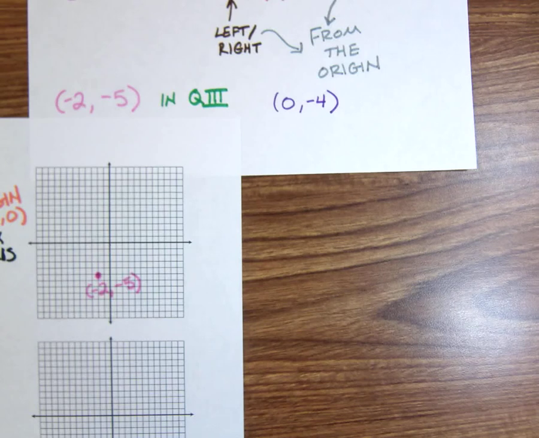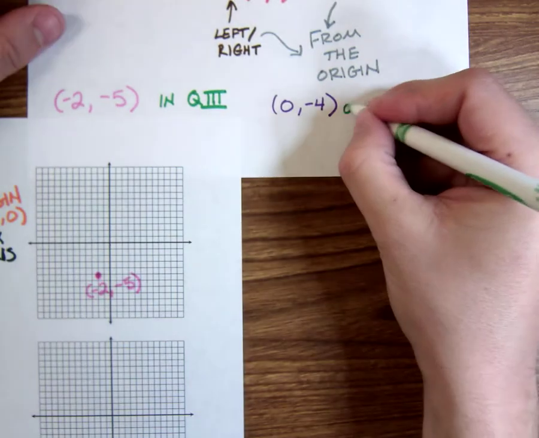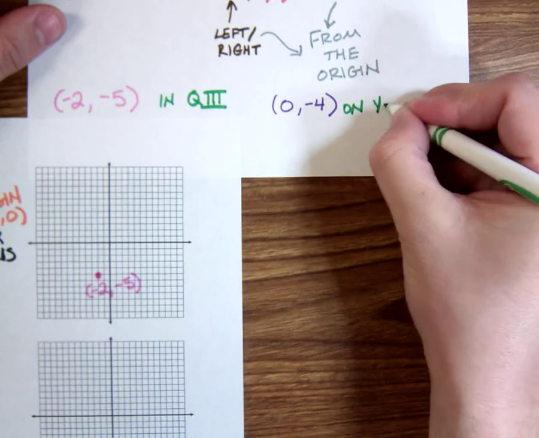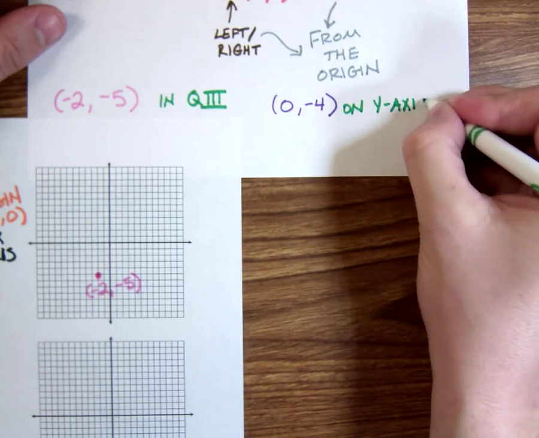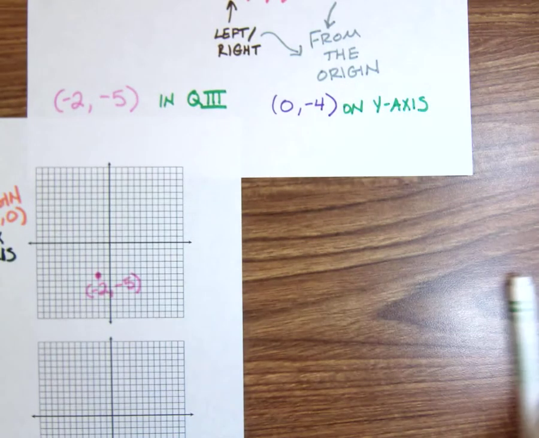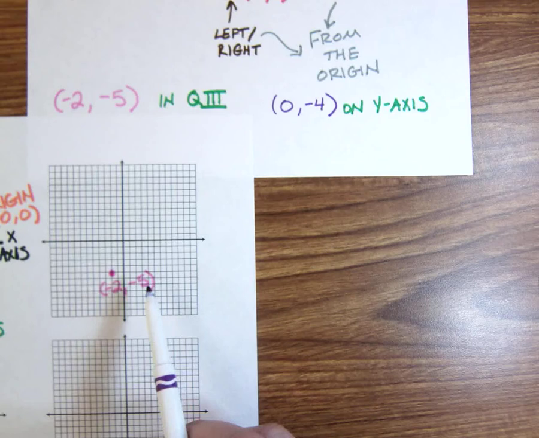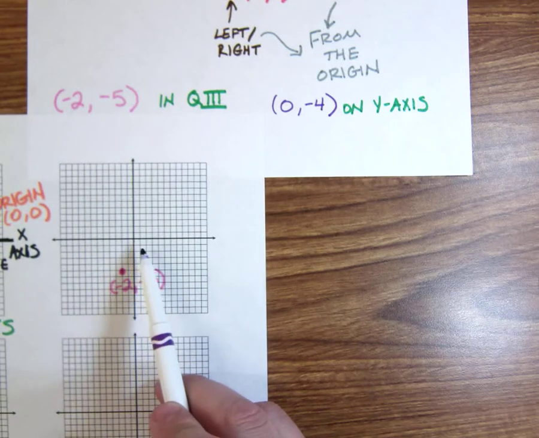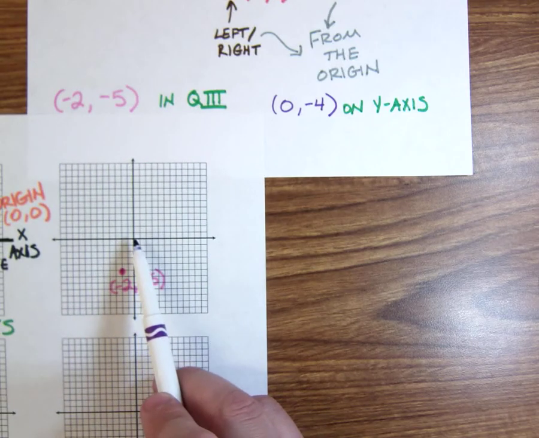No. 0 is not a positive or a negative number. So 0, -4 is not in any quadrant. 0, -4 is on the y-axis, which is not in a quadrant. So what that means is, from the origin, right here at 0, 0, the first number I look at, x, is how far I go left and right. My x is 0.